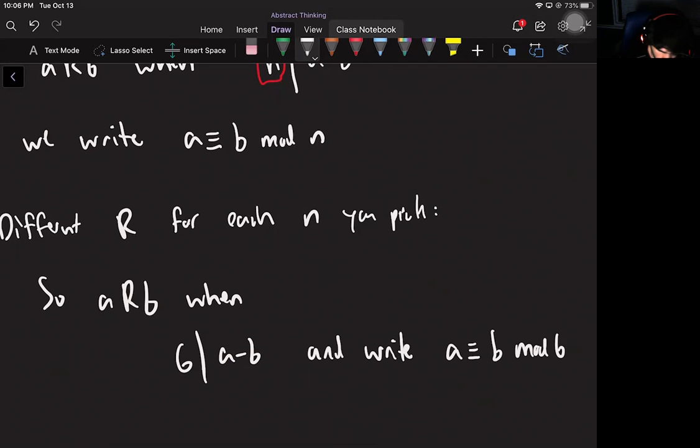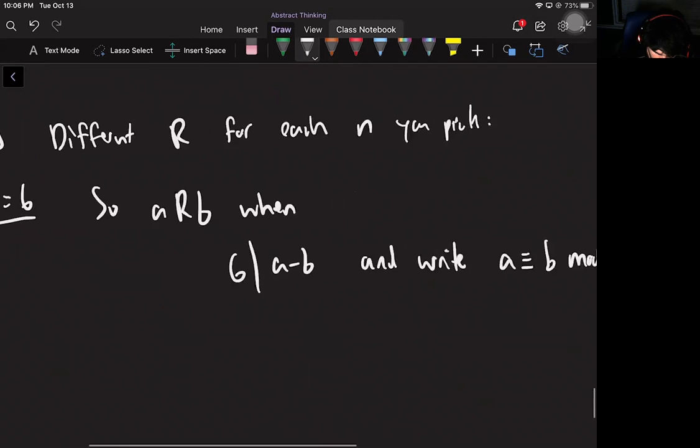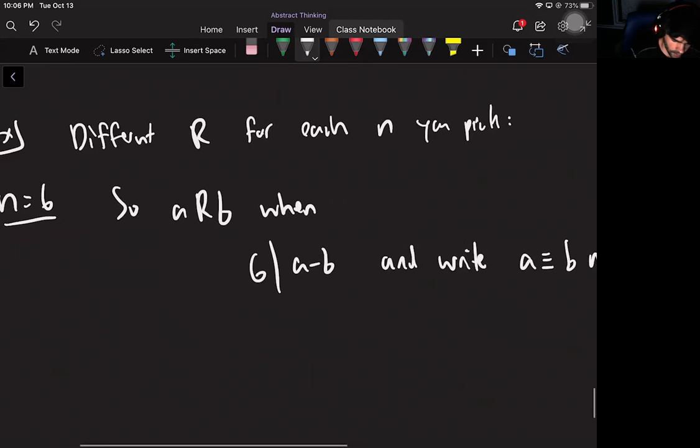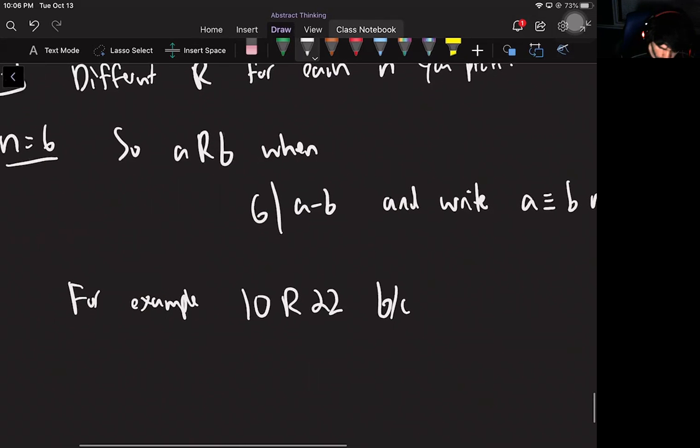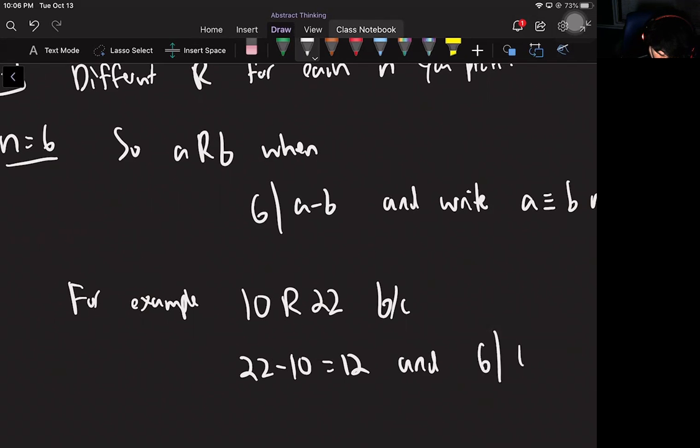So let's think of examples of things that are related to each other. So for example, 10 is related to 22 because if I do 22 minus 10, I get 12. And guess what? 6 divides 12.